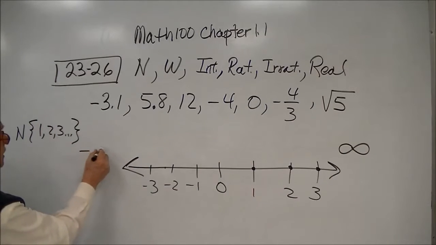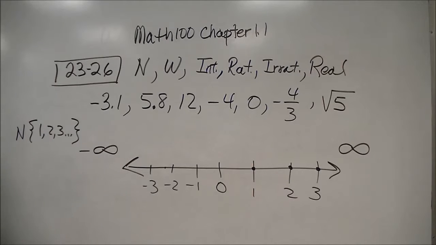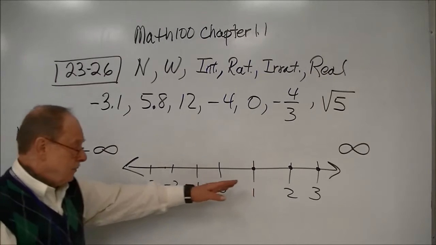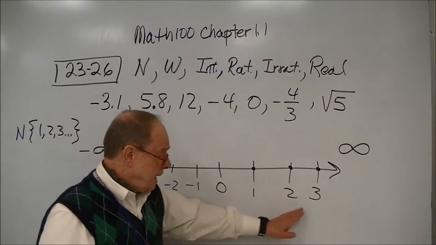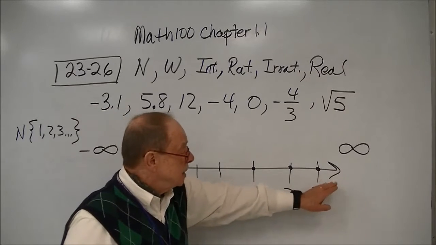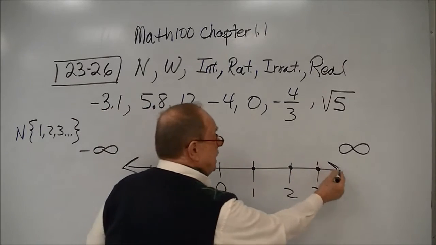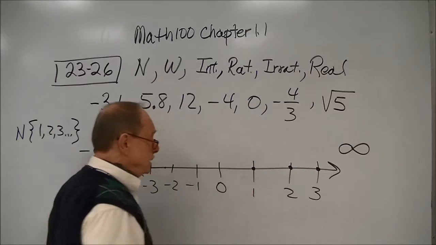This side is negative infinity. And we have graphed the natural numbers on this number line, and because of the arrow, this pattern continues.